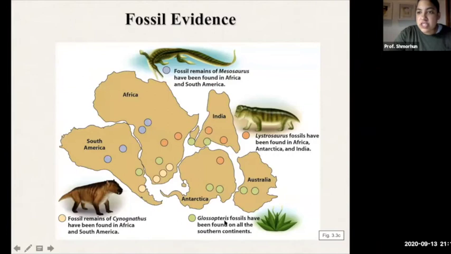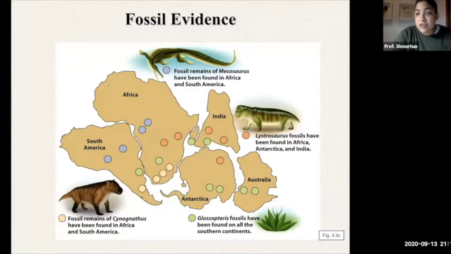The next observation that Alfred Wegener had was fossil evidence. So what he believed was that during supercontinent Pangaea, you had the persistence of certain species of organisms, where now these remains, just like the paleoclimatic evidence, are scattered across continents. So how can you have similar species of organisms in the remains scattered across continents if they were persisting at one period of time?